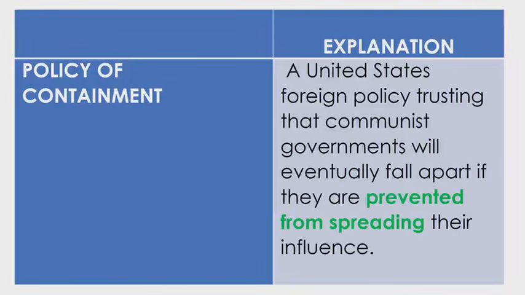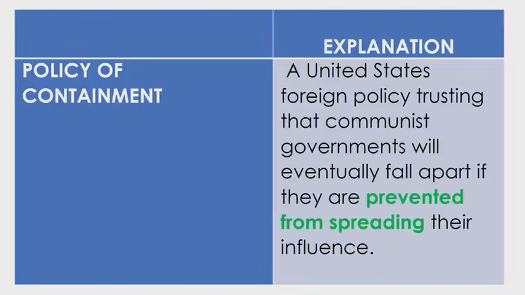That basically says that they will not trust any communist governments, and that they also believe that if they are able to prevent the spread of communism, so if they can contain communism, then communist governments will eventually fall apart and will no longer be able to influence the world.